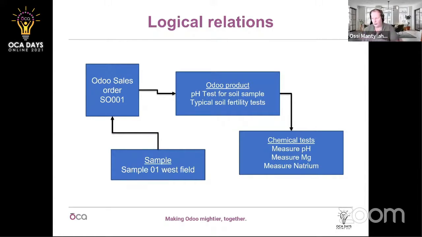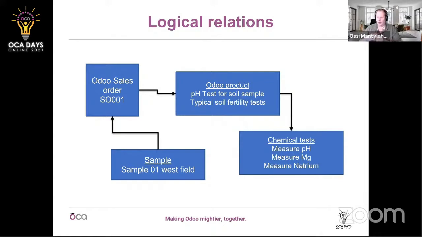But for the tests, this is a bit more complex, because you actually need to have an Odoo product, which of course is a service type, and then that product can have one or several tests. Why is this like that? It is because typically in laboratory environments, you are not only doing one chemical test, you are testing a group of chemical tests.